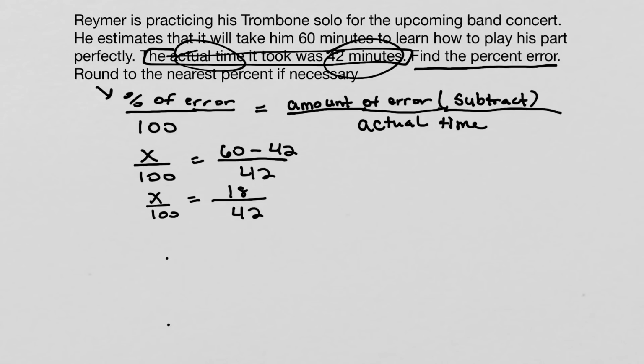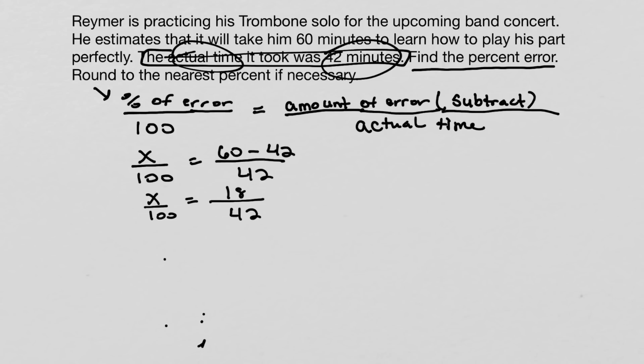Let's make sure that we understand this. The amount of error that he had was 18 minutes out of 42. If he was off by 18 minutes out of 42, what is this as a percent?